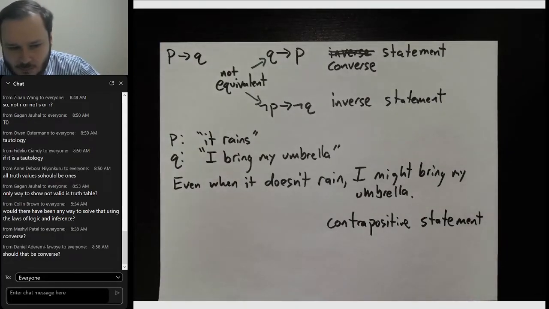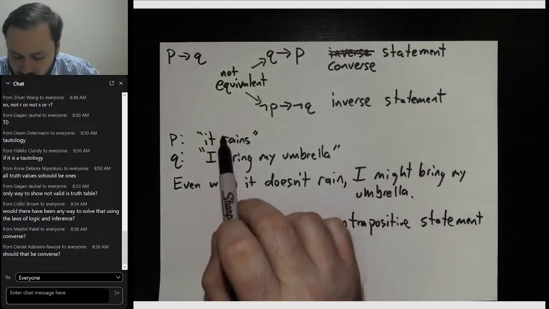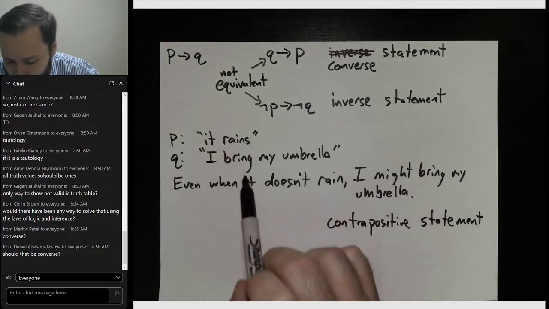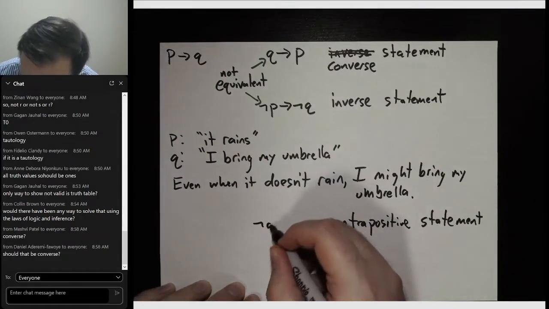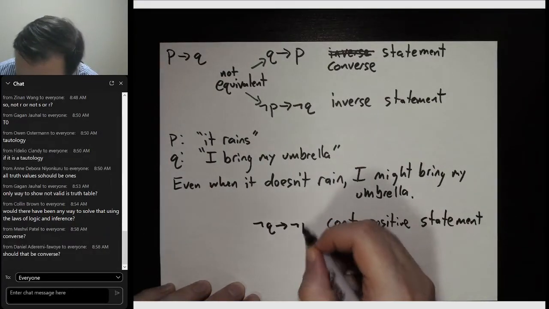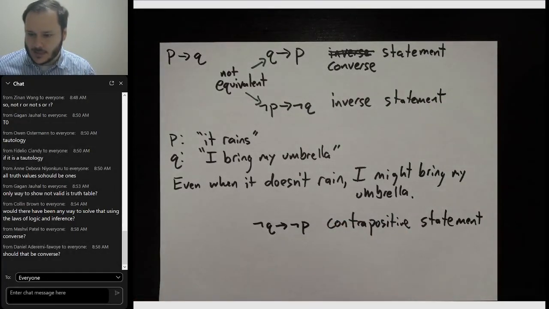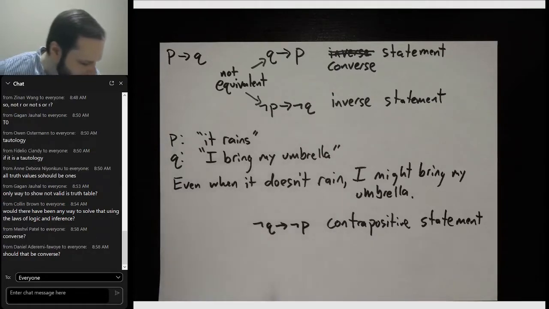If I didn't bring my umbrella, that means it can't have rained. Because if it did rain, I would have brought my umbrella. So if I didn't bring my umbrella, it couldn't have rained. So the contrapositive statement, not Q implies not P, is equivalent. Let's see why that's true.